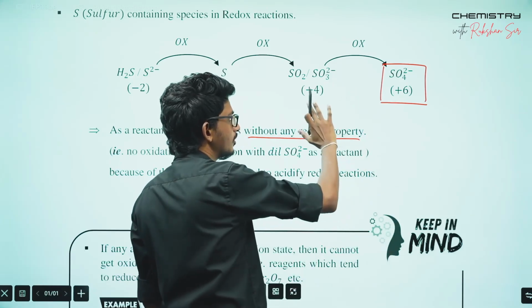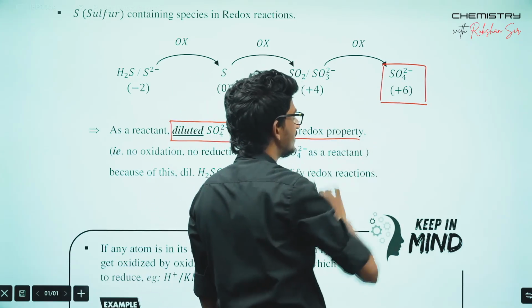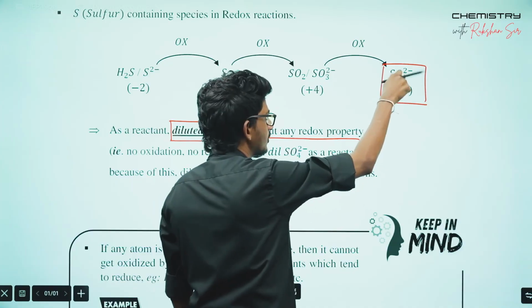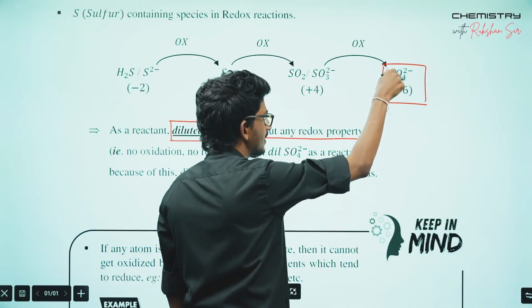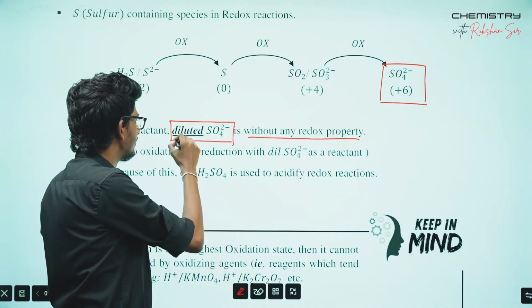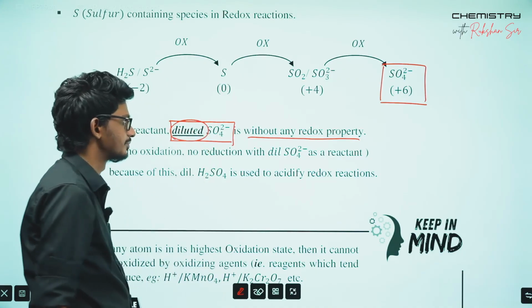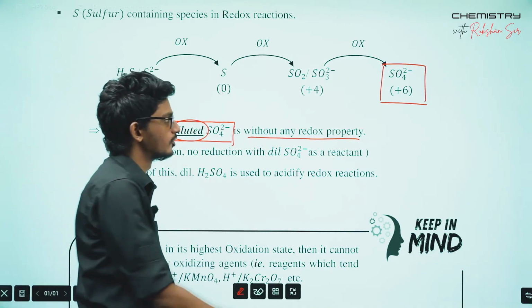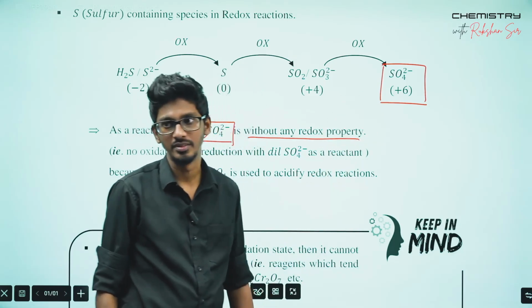That means SO4^2- can be obtained as a product in these redox reactions, but it is not going to participate in a redox reaction as a reactant if diluted SO4^2- is used. In this situation, SO4^2- is without any redox properties.